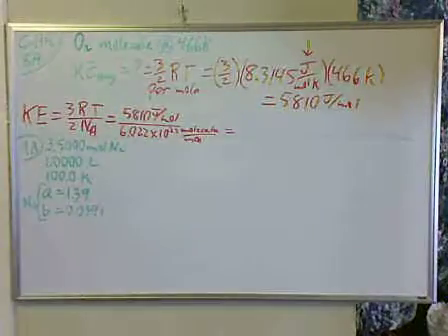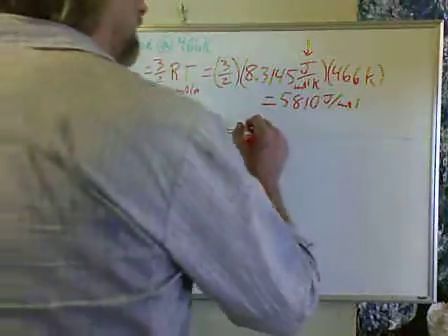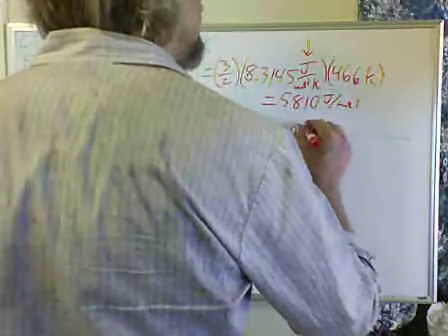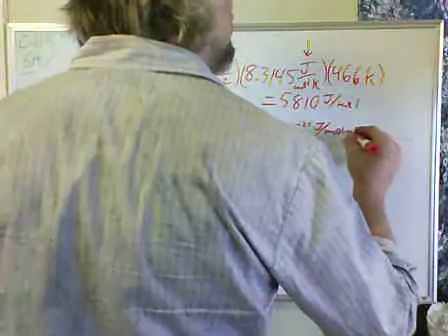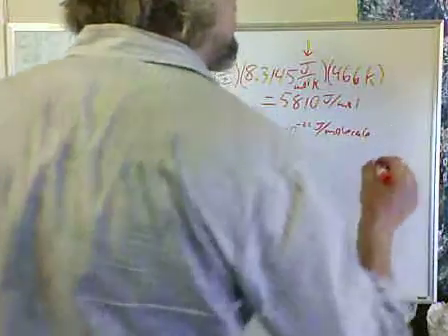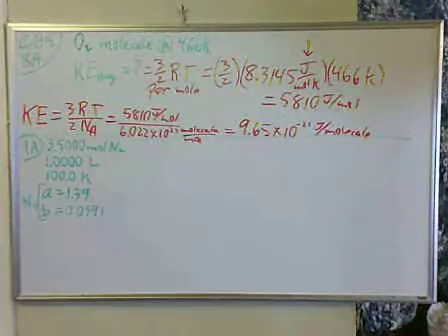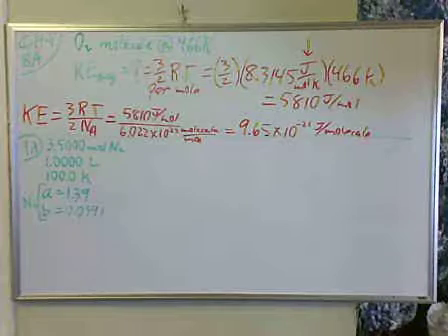So we divide by Avogadro's number, get 9.65 times 10 to the minus 21 joules per molecule. So it's a very small number on a per molecule basis, rather significant number on a per mole basis.